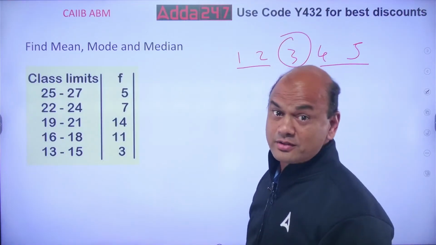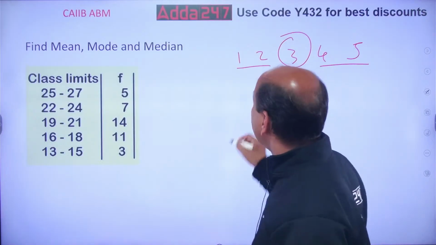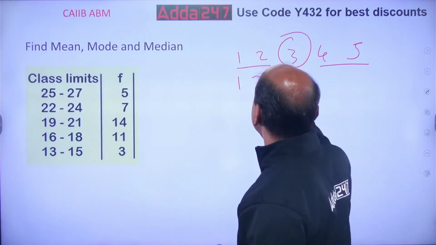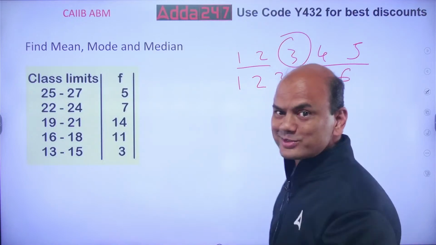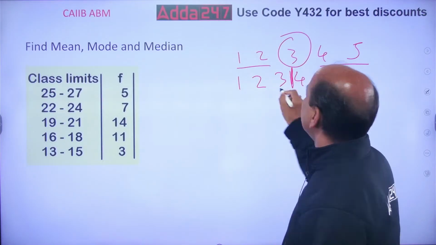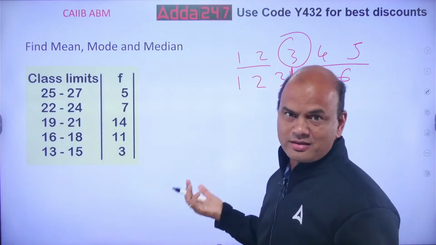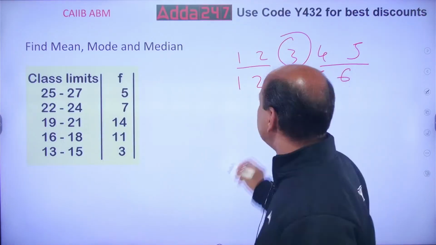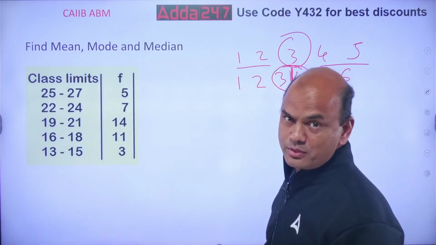Now somebody will think, sir, if I have this number 6, where is the balance point then? It is over here, 3 and 4. Half on this side, half on that side. So what then? Do this: average of 3 plus 4 upon 2, 3.5.